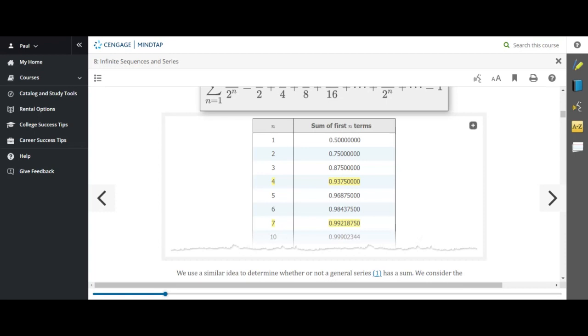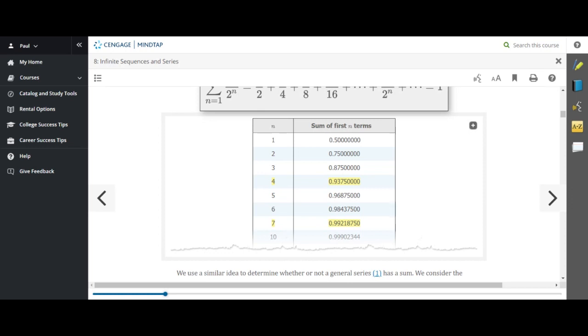The 10th partial sum is 0.9990234. So the sequence of partial sums is going to approach 1. I'm just telling you that, but intuitively, you can see that that seems to be what's happening here. And that's the idea.